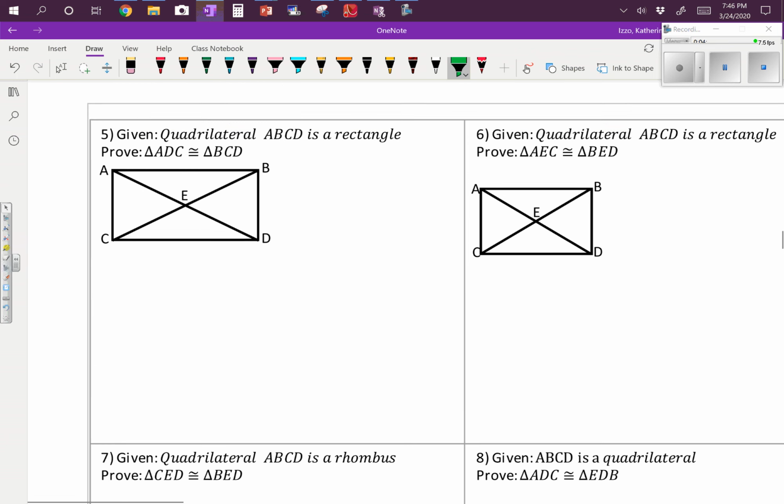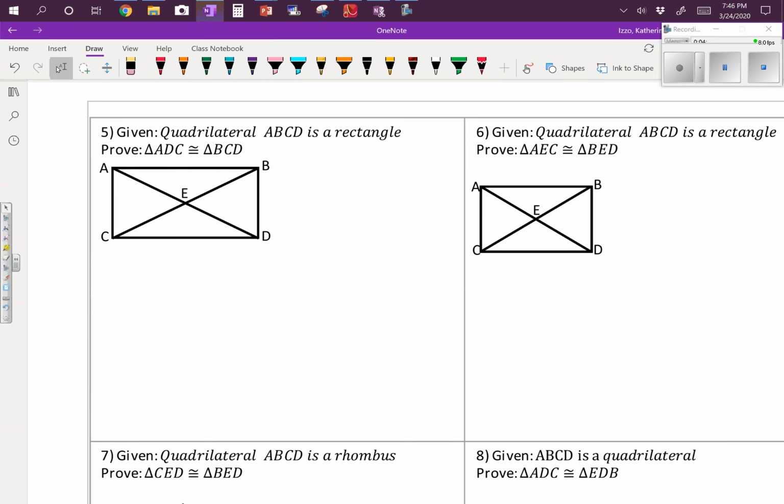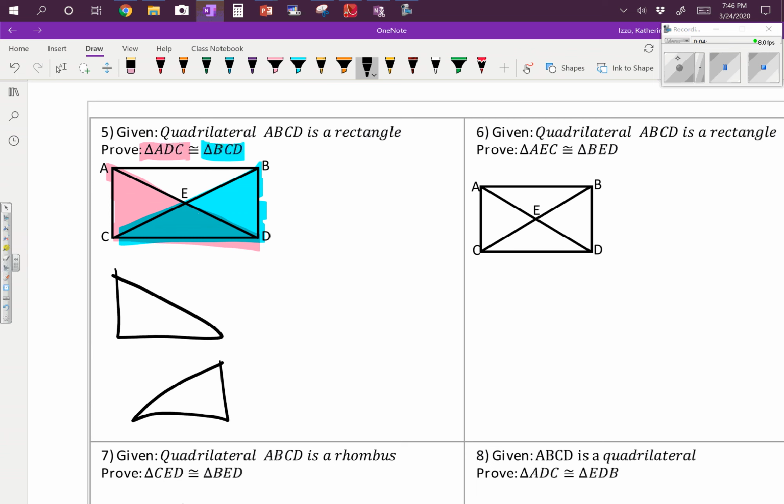I want to do number 5 with you, because number 5 is cute. ADC, so ADC is this triangle, and BCD is this triangle. Oh, we've got two triangles. They're overlapping. Got to redraw them.